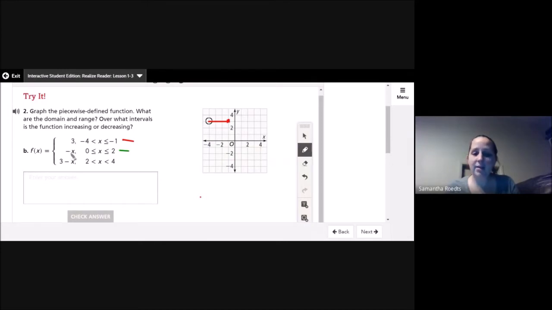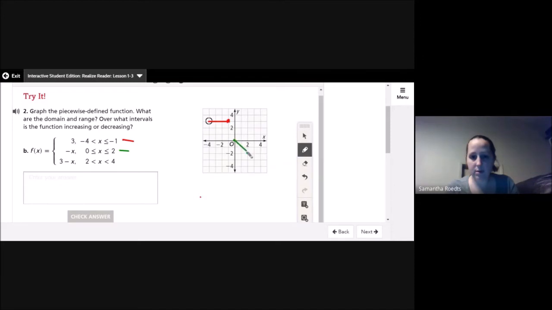It's negative x from 0 to 2. So here, 0, and then it goes down here to 2, so it's negative 2. And they're both closed circles.